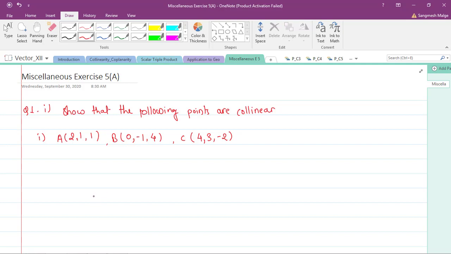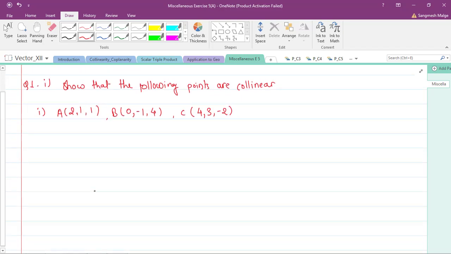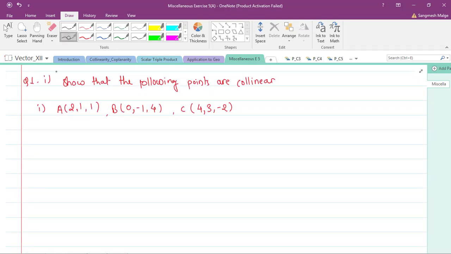In exercise 5.1, we saw that vectors are collinear if we can express one as a scalar multiple of the other. So let's find AB bar, which is B bar minus A bar: 0 minus 2 is minus 2i, minus 1 minus 1 is minus 2j, and 4 minus 1 is plus 3k.